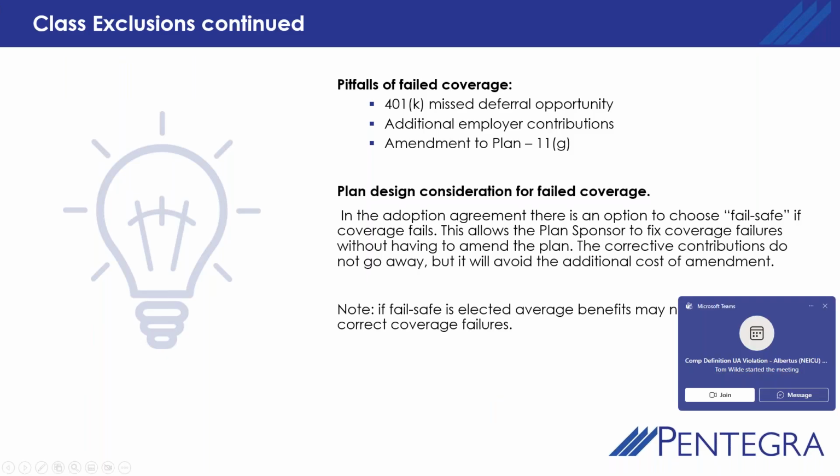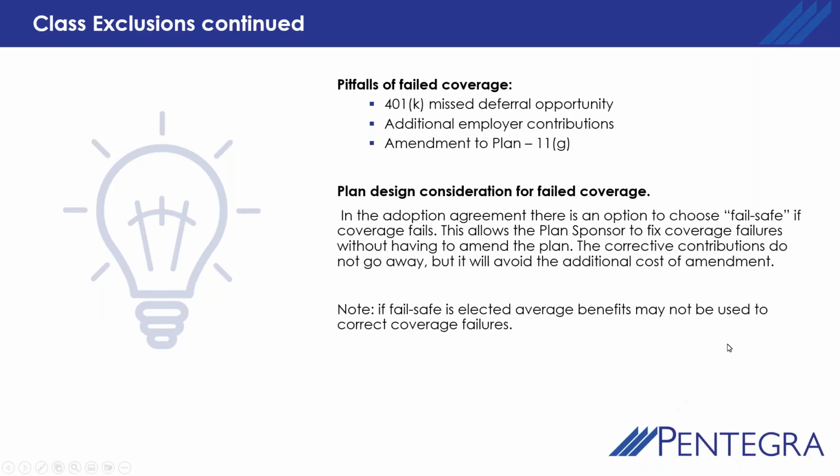So a plan designed to alleviate this need for an amendment is under the 410B coverage question that's within the plan document. You can choose this fail-safe. Basically what the fail-safe does is it builds in a step-by-step procedure for the client to correct failed coverage issues.